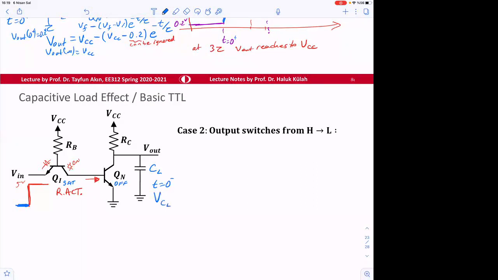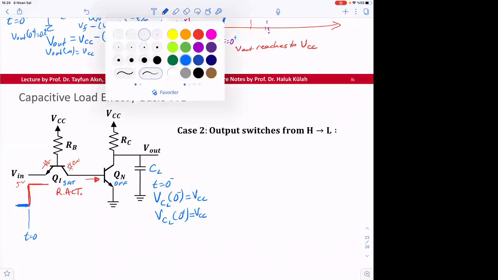What is VCL? VCC, 5 volts. Yes. What about VCL at 0 plus? So let's say this is t equal to 0. Can the capacitance voltage change immediately? No. So this will also be VCC, right?